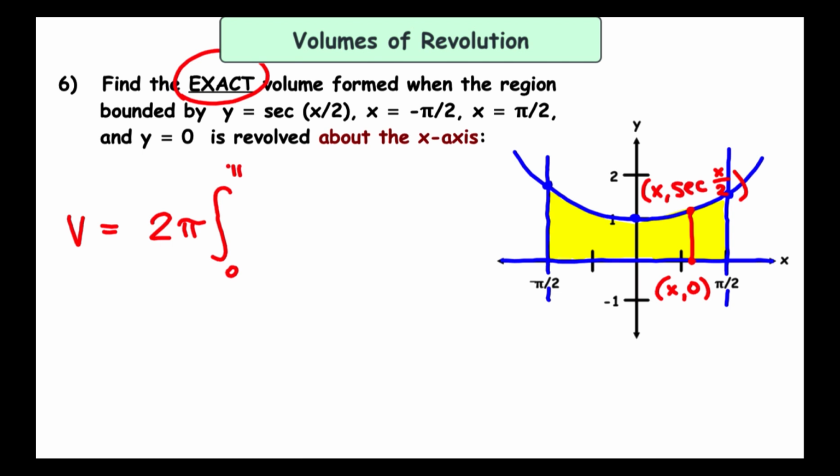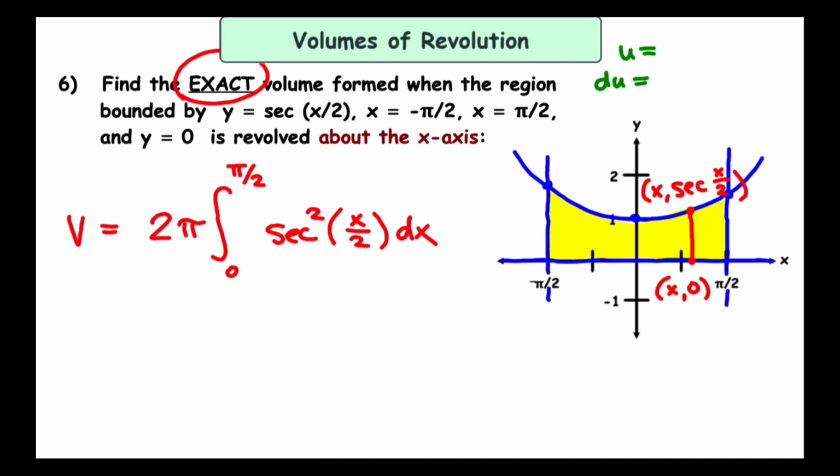I'll go to positive pi over 2. What am I integrating? Well, I'm integrating radius squared, and the radius happens to be secant. So secant, I'll just throw the squared in the middle, and it's the secant of x over 2 dx.